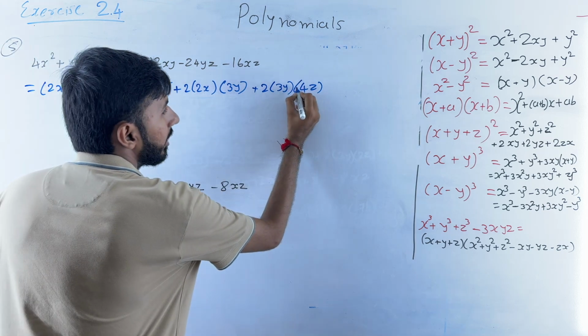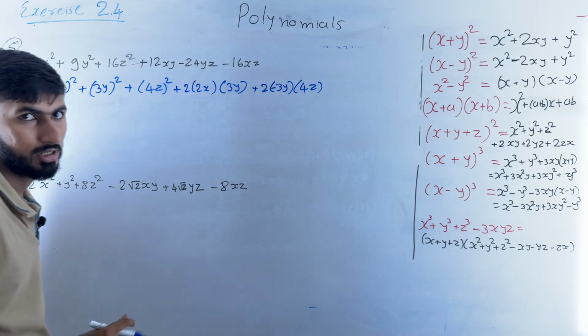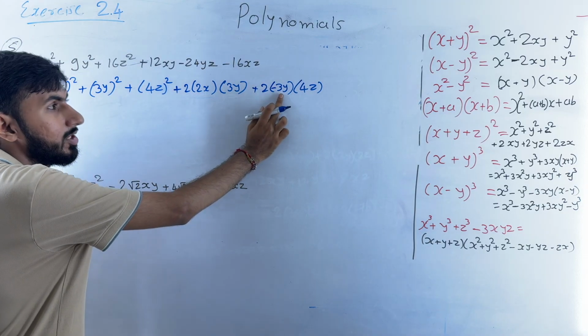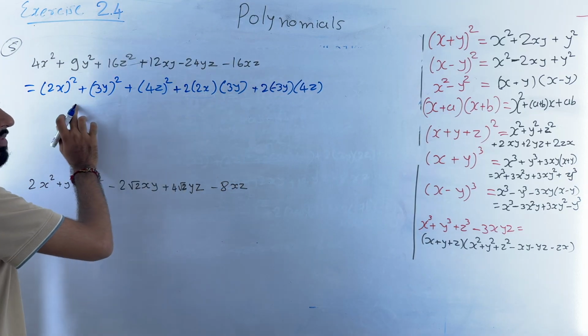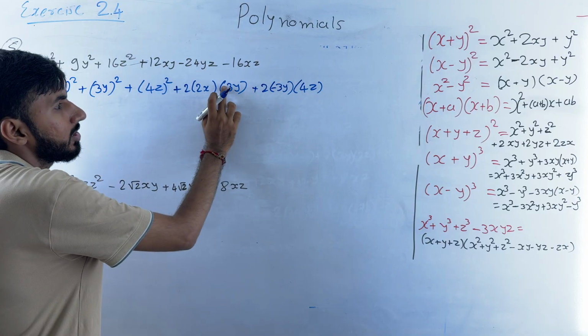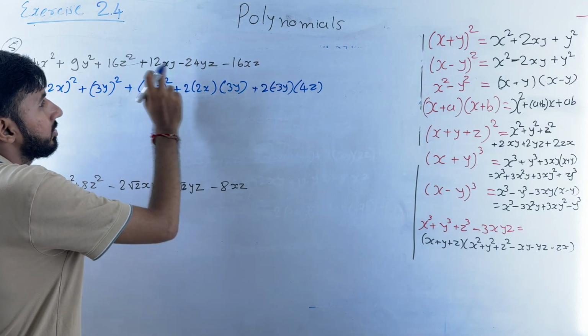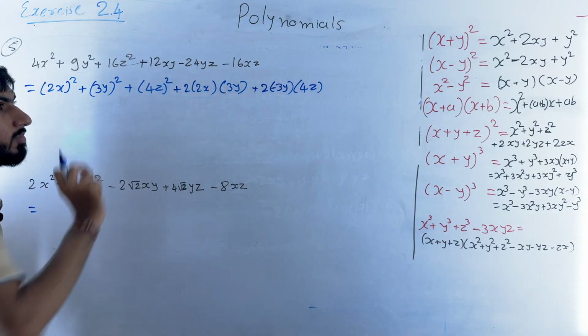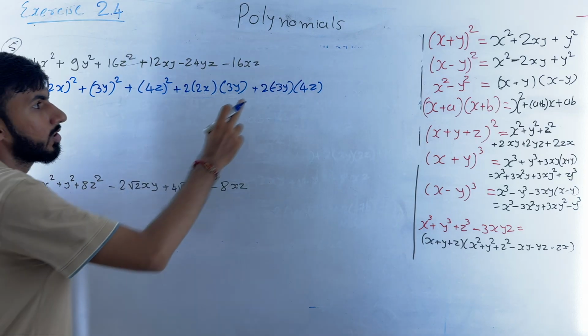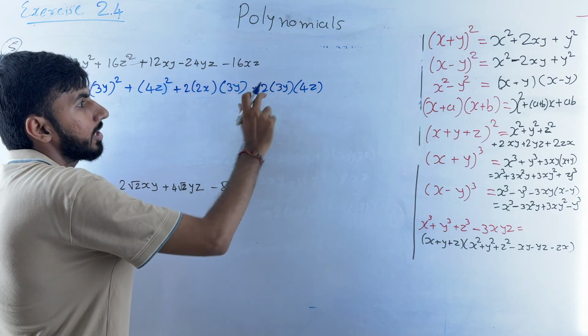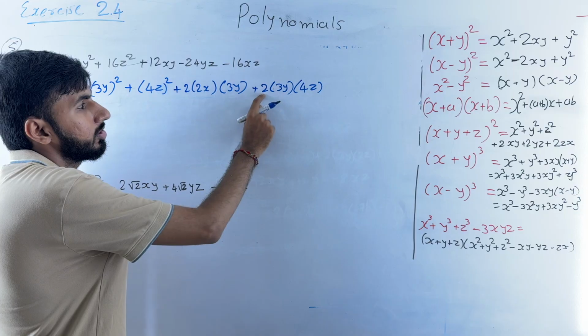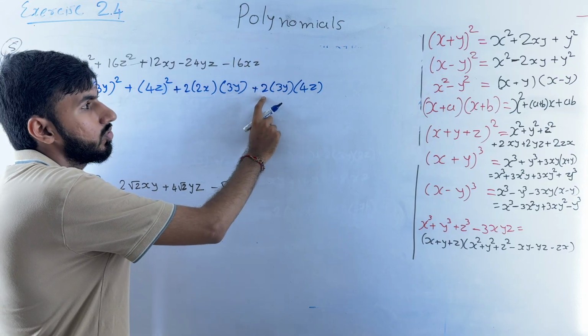What if I write minus 3y here? Then I have to write all 3y as minus 3y, so I have to change the sign everywhere. If I change the sign here, then my fourth term will not be equal. So I cannot write minus 3y here. I cannot write minus 2 either, because in the identity I want plus 2 only, right?